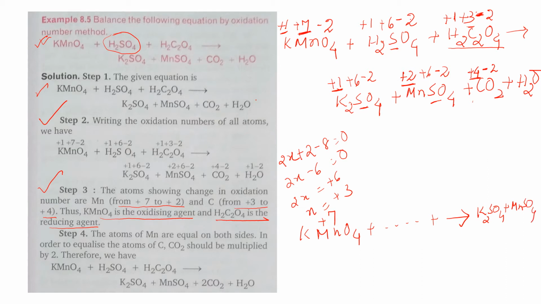Now MnSO4 is +2, so it is a decrease in oxidation number. You write here decrease in oxidation number, and you know that a decrease in oxidation number means it is reduction.